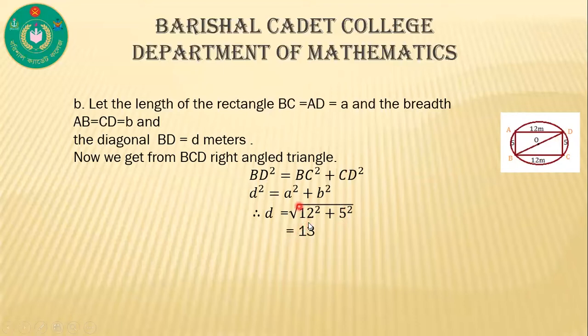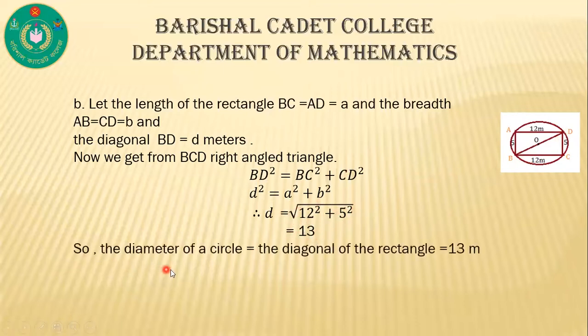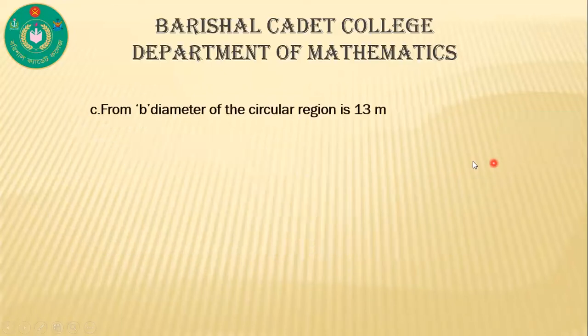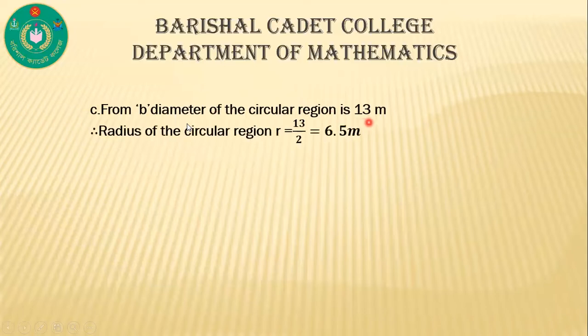After calculating this, we can write 13. So the diameter of the circle is equal to the diagonal of the rectangle, which is equal to 13 meter. Now from b, the diameter of the circular region is 13 meter.